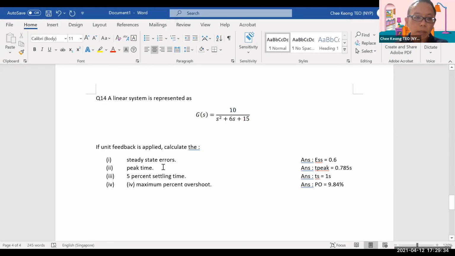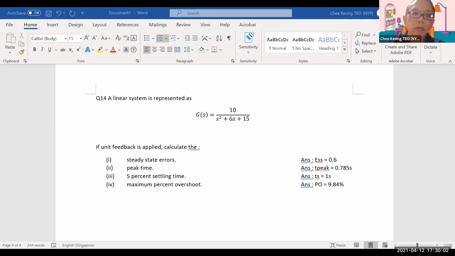In the second part, they ask for the peak time, the settling time, and last but not least, the maximum peak overshoot. Now all these require your computation of zeta and omega n. So what is your closed loop transfer function right now?